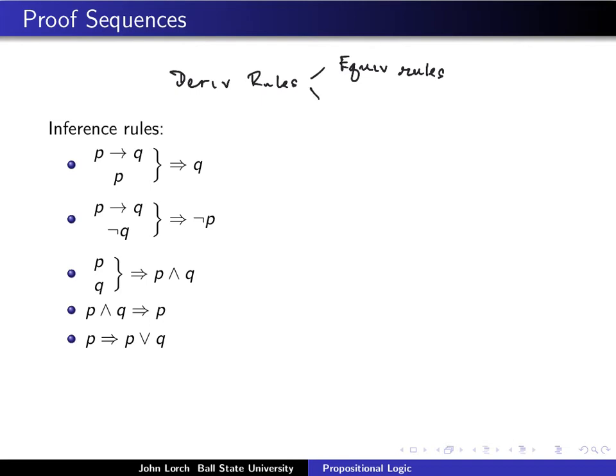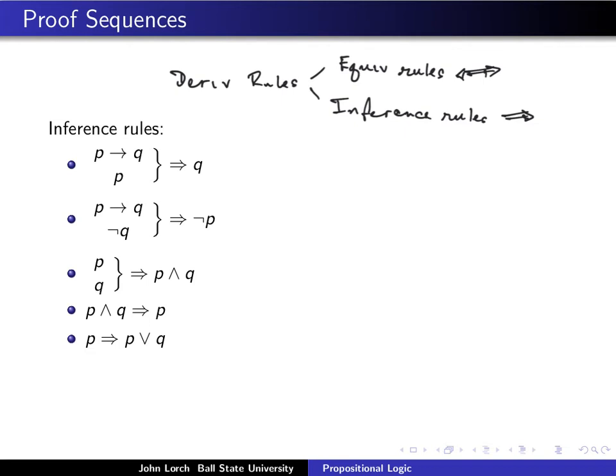And then we have these things called inference rules, which are if-then tautologies. Okay, so on the last slide, we talked about some of the basic equivalence rules that we would use. Here on this slide, we identify some of the basic inference rules that we would use.